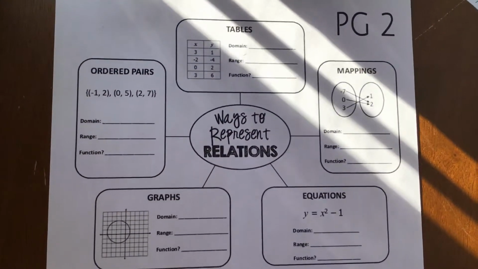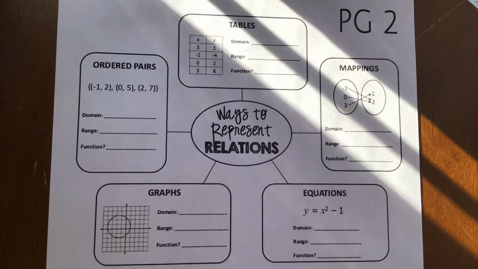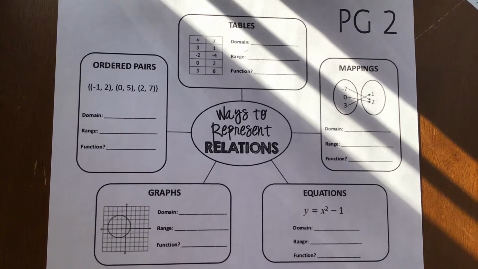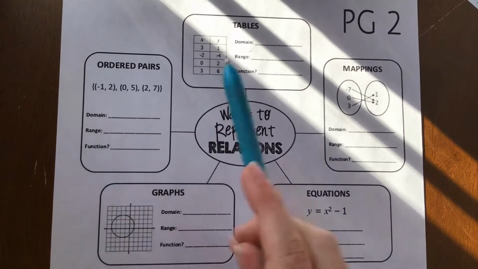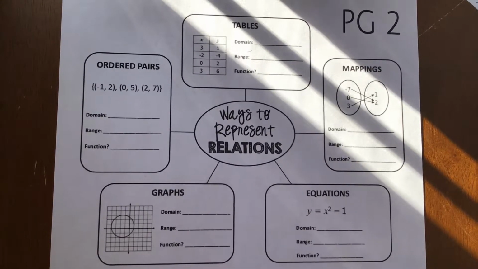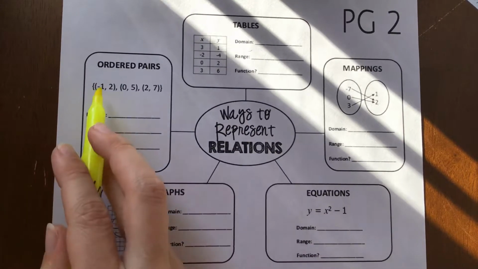So on that second page of your notes, kind of summarizing again, we have 5 different ways to represent relations. We have our ordered pairs, our table, our mapping, equations, and our graphs. So filling these pieces in, just as review, ordered pairs.